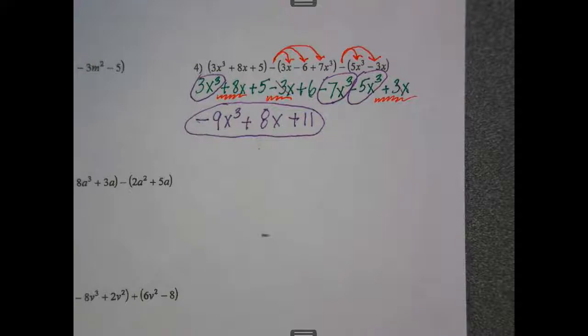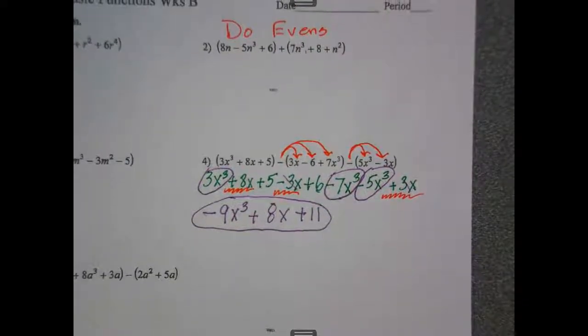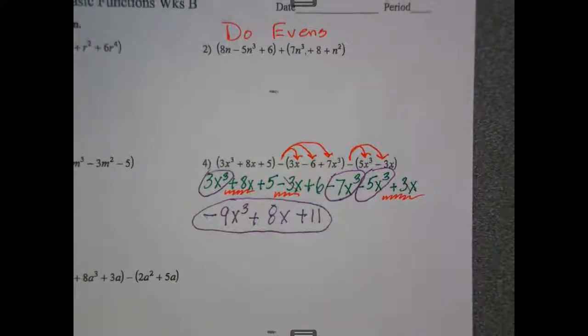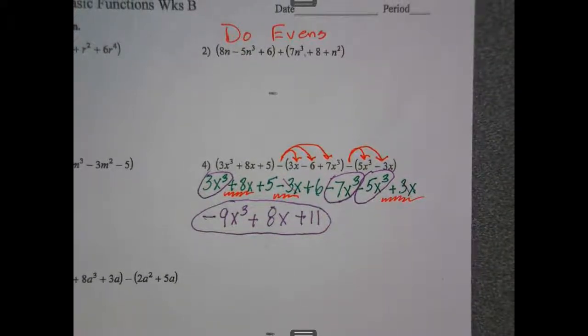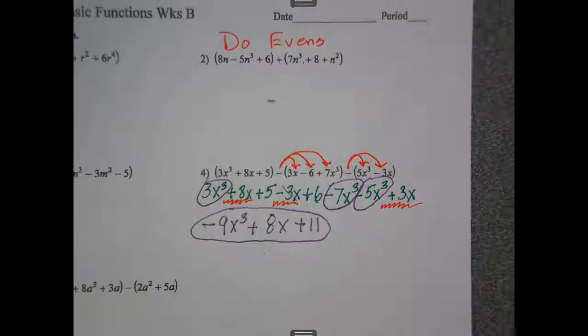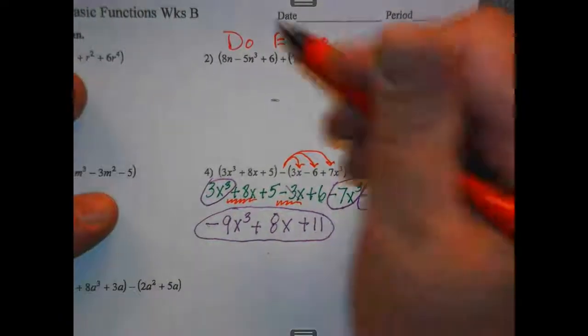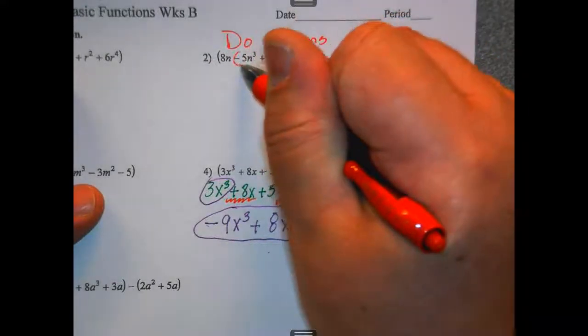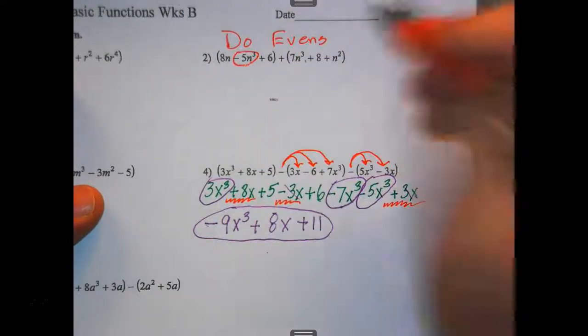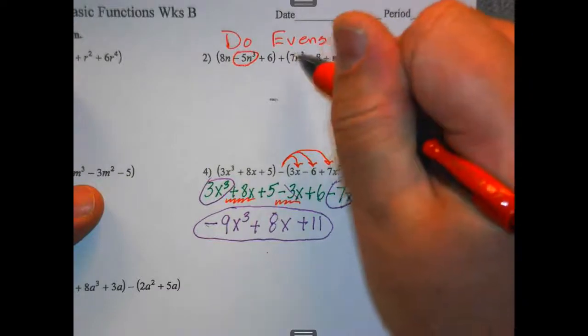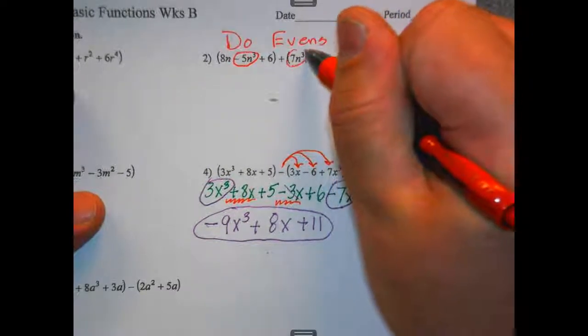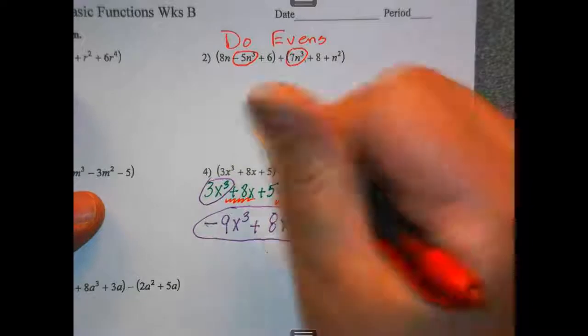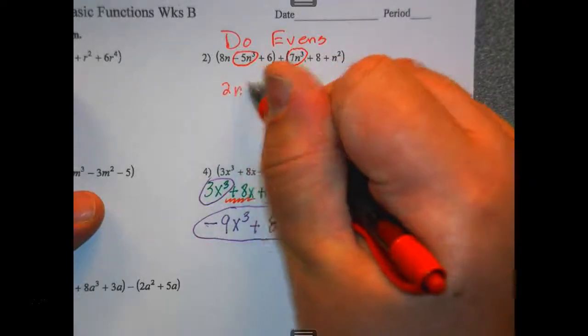Number 2. In number 2, what do I do? It's actually pretty easy because it's all addition, right? Just combine the like terms that are there. So let's start out with my highest degree. Negative n cubed, negative 5n cubed, and positive 7n cubed, 2n cubed.